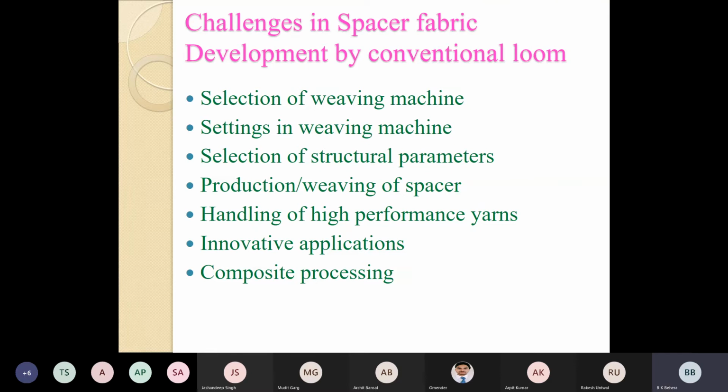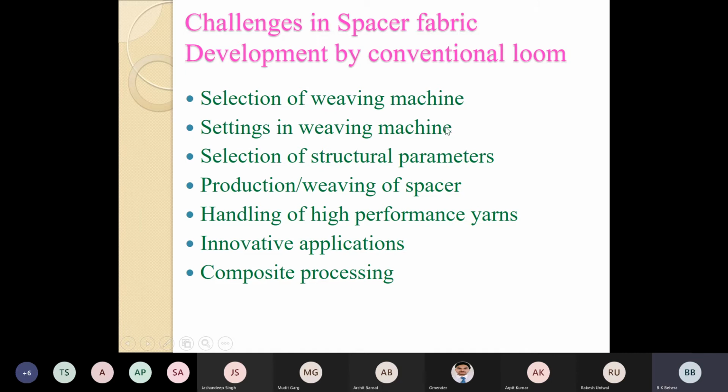There are so many challenges in this. Of course, you should know this. It's not that what you saw in the diagram is easy to produce. While producing these products using special fabric, we have a lot of challenges, starting from weaving to converting the material to composite material. The challenges are selection of weaving machine, setting in weaving machine, what kind of setting.